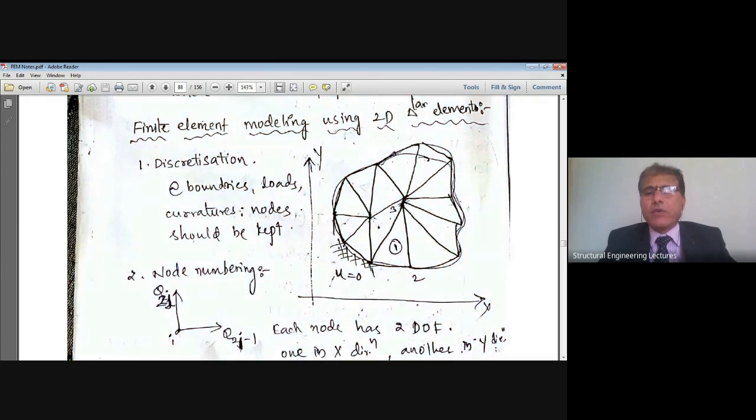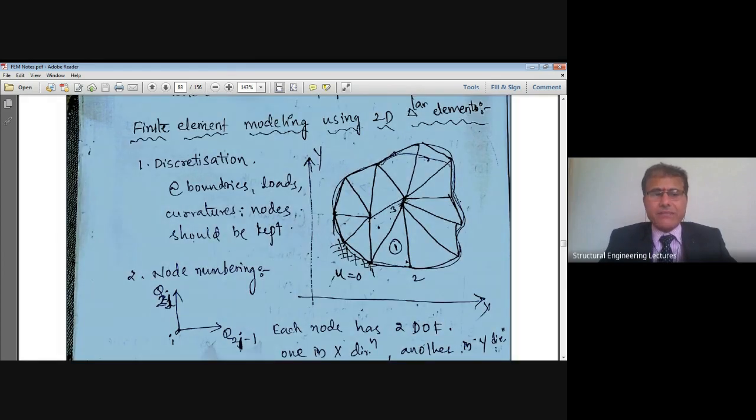And also at the CG of this 2D continuum where the body forces are acting, there also a node must be there, so that at that node this entire self weight will be acting, right. And this is how you carry on the discretization process.